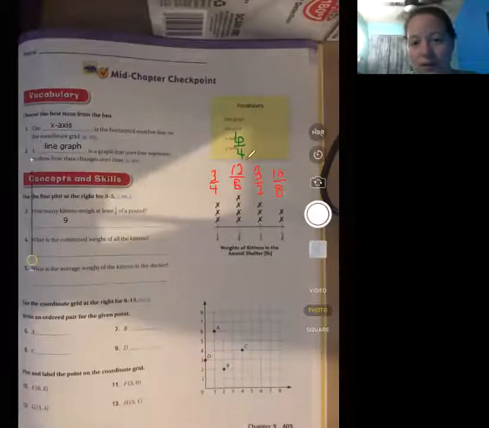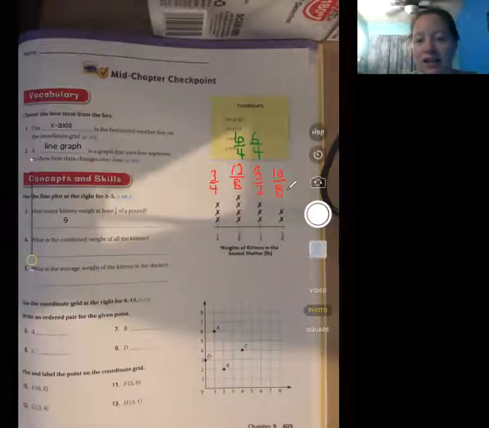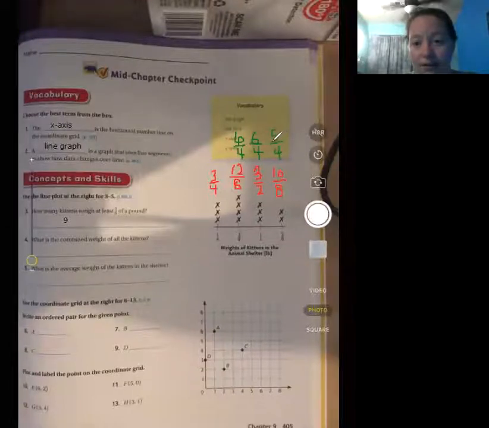So 6/4. I'm going to multiply this 2 by 2 to get 4. Whatever I do to the bottom, I have to do to the top. 3 times 2 is 6. Then here, I can once again divide out a 2 to make the bottom a 4. And so the top 10 divided by 2 is 5.